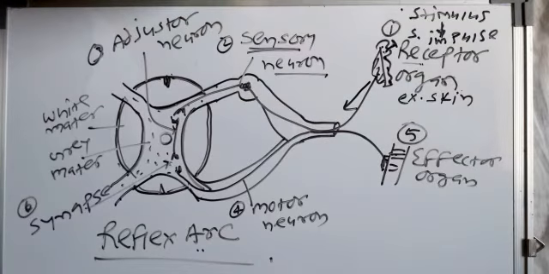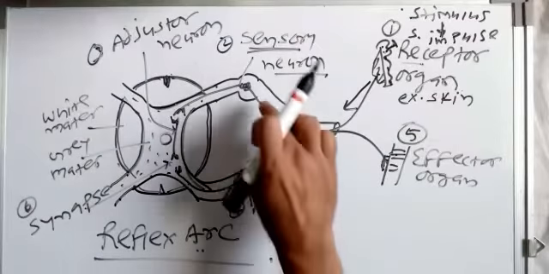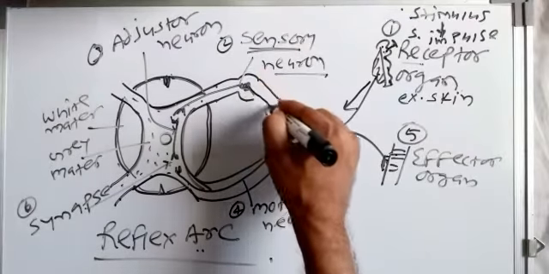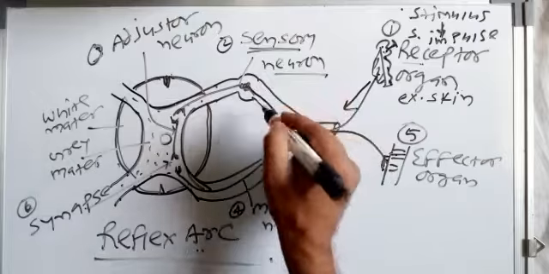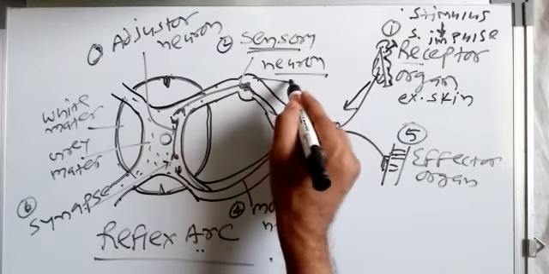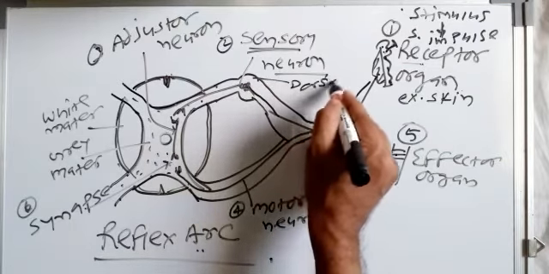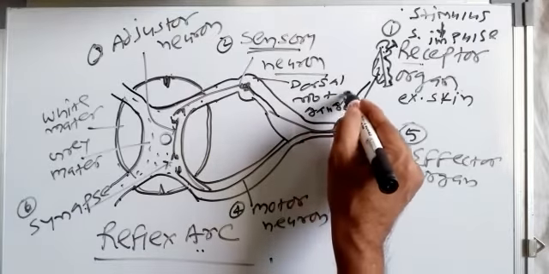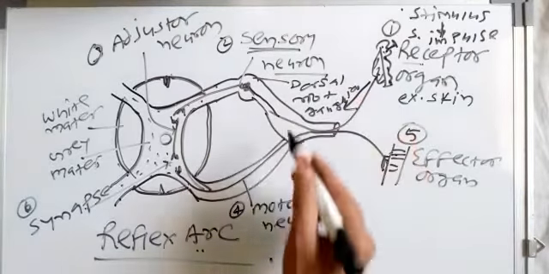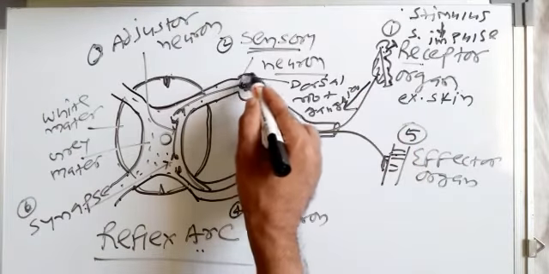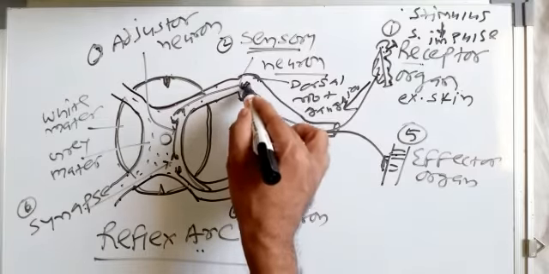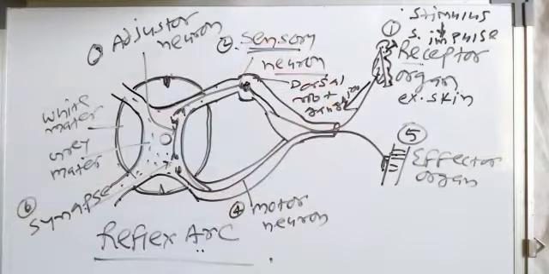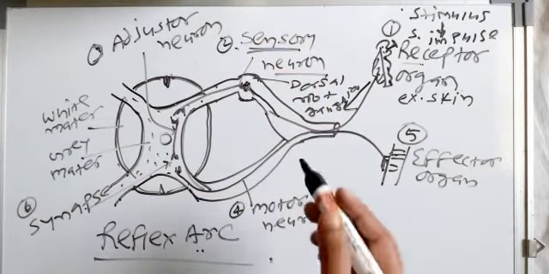We have to make 2 to 3 points about sensory neuron. First of all, what is the location of the sensory neuron? Now this sensory neuron is located in the dorsal root ganglion of the spinal cord. स्पाइनल कॉर्ड के डॉर्सल रूट गैंग्लियन में इसका साइटोन और सेल बॉडी होता है सेंसरी न्यूरॉन का. क्या करता है ये?